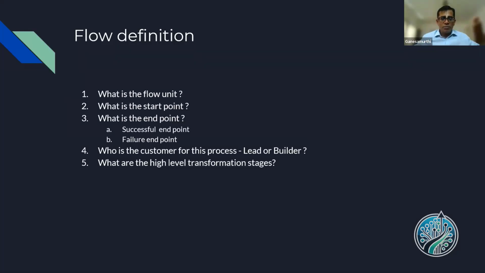So you allocate the numbers to different people. Even that is a transformation step. Why? Because depending on when you call the person or who you allocate the number to, your outcomes can be different. So it is a transformation, right? So that's a transformation. The first transformation is whether the lead gets picked for calling or not. And when does it get picked? If it gets picked very late, it is anyway dead.